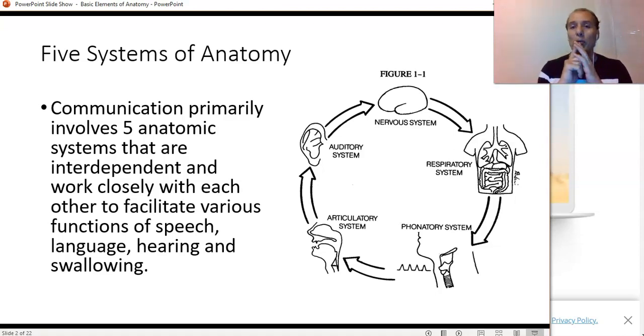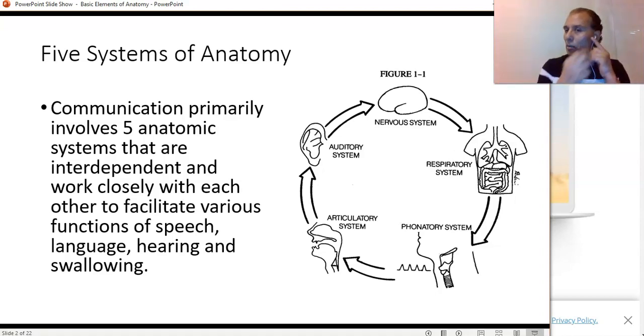So now you have produced speech, and then you yourself are going to hear your own speech, and the other people are going to also hear your speech. In order to process that speech, you cannot process it without the brain.